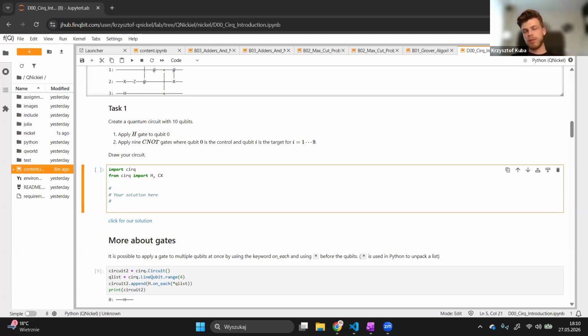It depends also probably on the architecture. So if there is a superconducting quantum computer or ion based or atom based, the gates are implemented somehow differently, and then maybe some are more efficient than others.